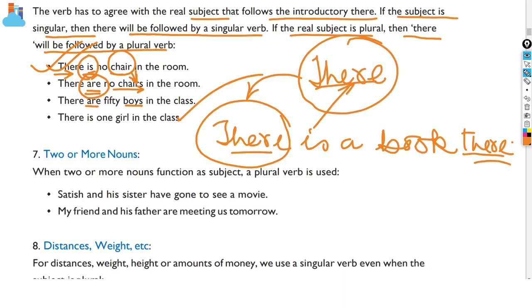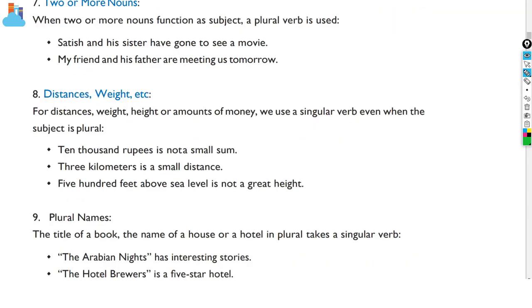Singular plus plural, what will happen, plural. That means when two nouns join, whether they are singular or plural, the verb that follows, the to be verb, will be plural. Is it clear? Let us continue. Here you see, when two or more nouns function as subject, a plural verb is used. Very simple one.